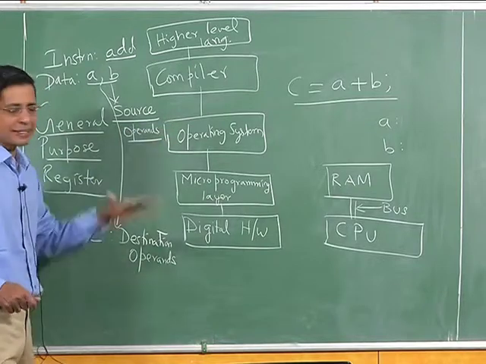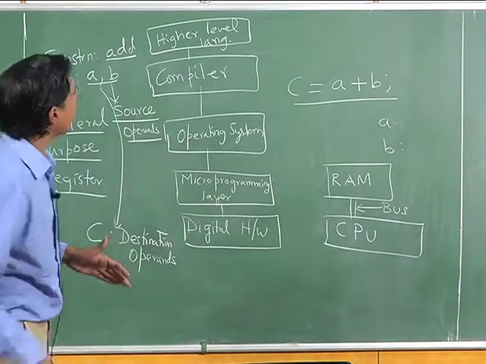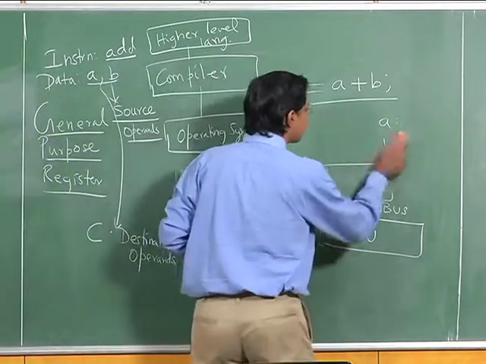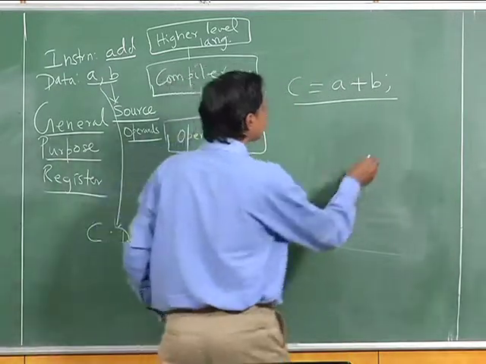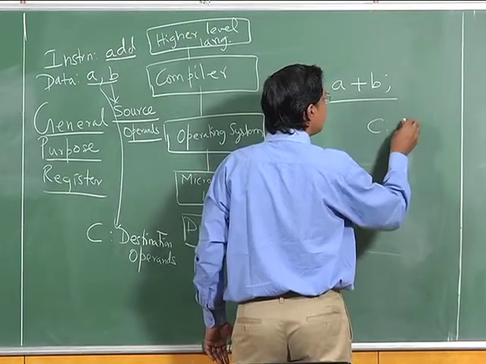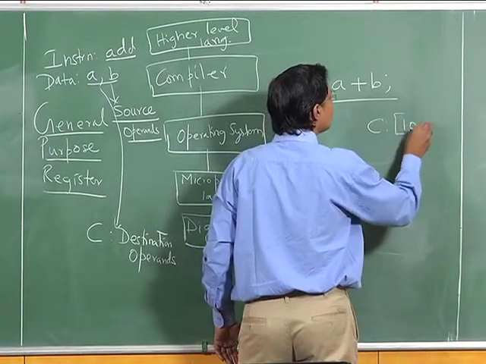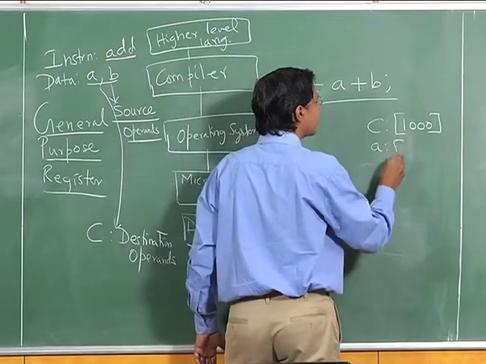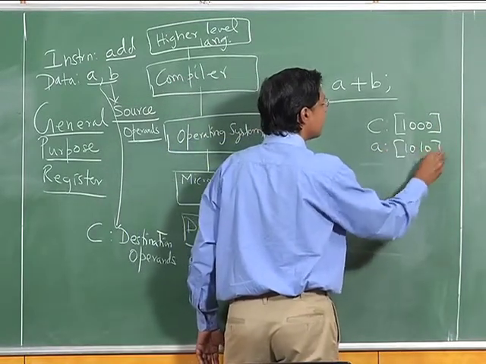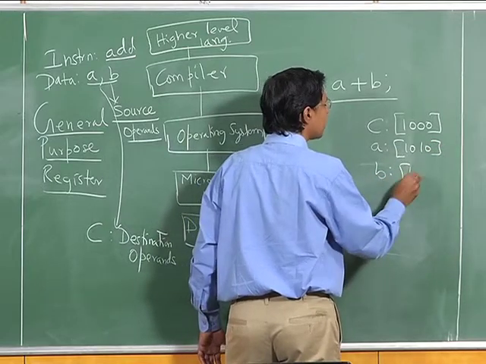So a simple program for executing C equal to A plus B would be as follows. Let us assume C is stored in, say, location 1000 in the memory, A is stored in location, say, 1010, and B is stored in, say, location 1020.